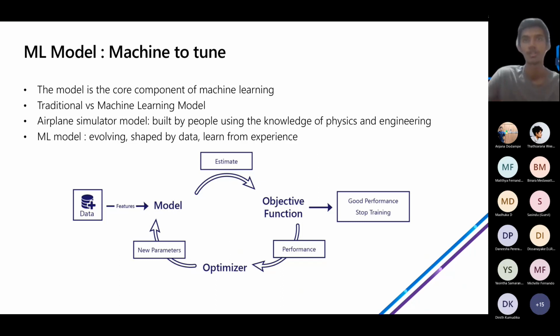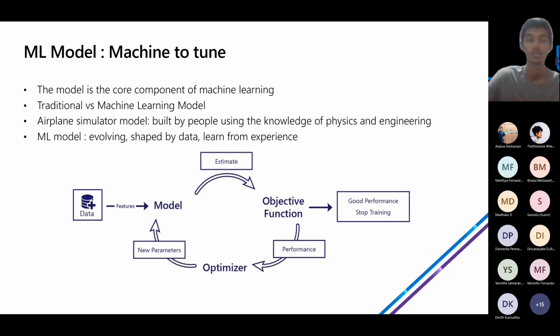Those models are implemented using knowledge of physics and engineering. Those are not machine learning models. They exactly copy the real world and build a computational model. So those are traditional models.